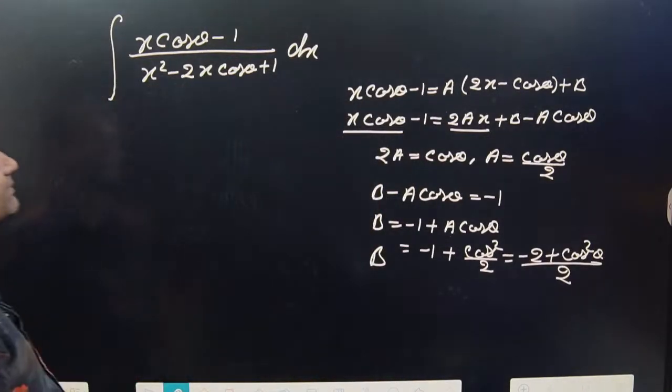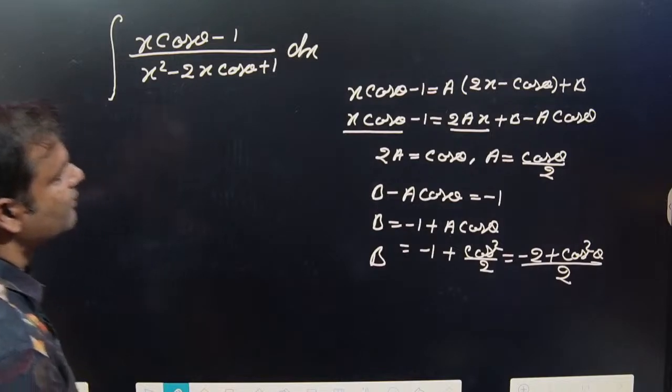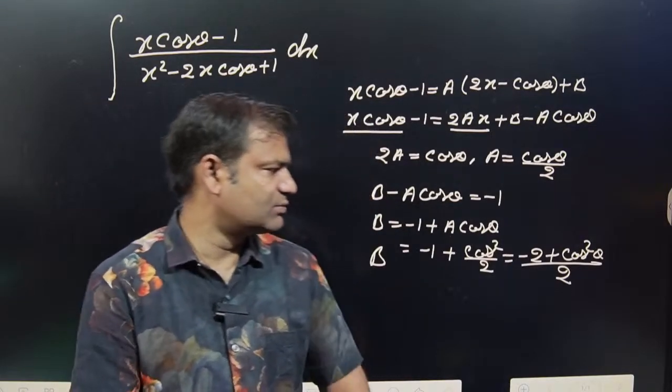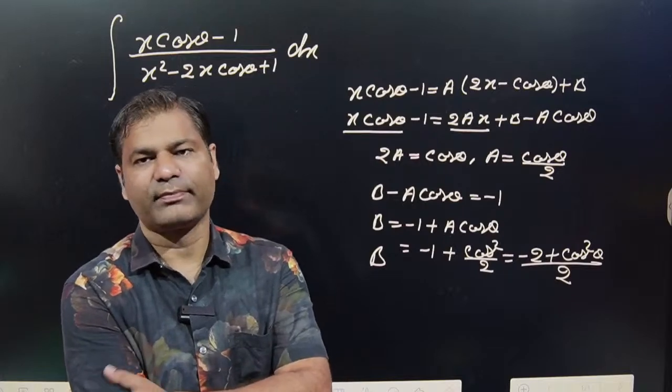I hope it is clear. So a is replaced by cos theta by 2 and b by cos square theta minus 2 divided by 2.